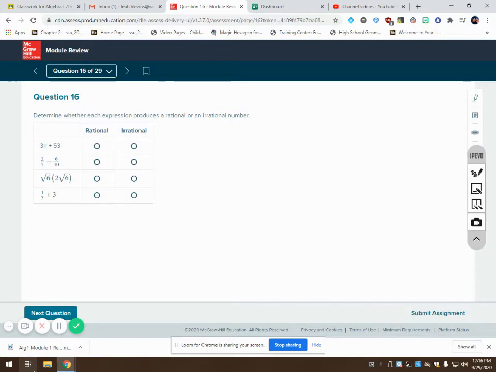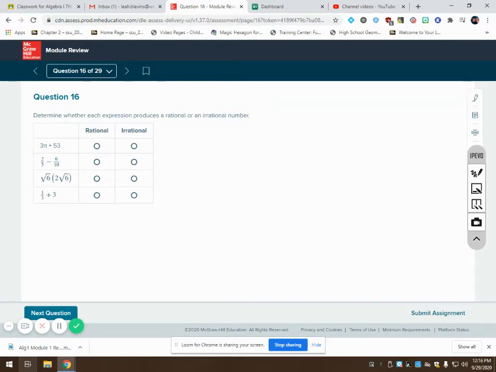Those are irrational numbers. It's when I write it out, punch it in a calculator, try to simplify it, and it's a decimal that never ends and never repeats in a pattern, then it's irrational. If it does end or it does repeat in a pattern, or it can be expressed as a fraction, then it is a rational number.